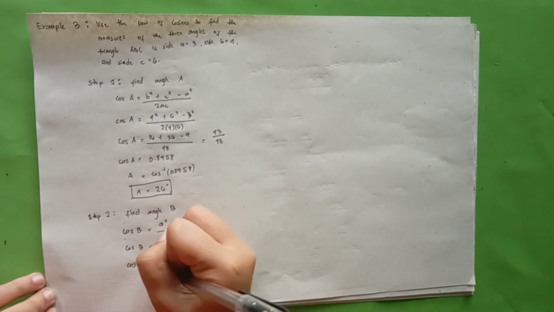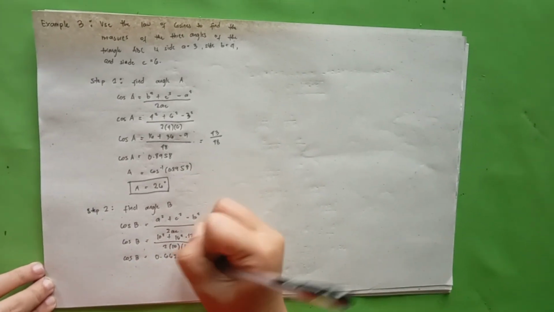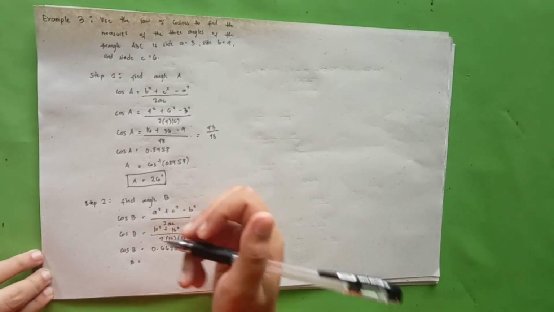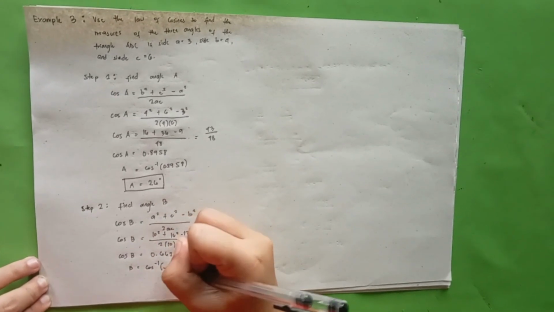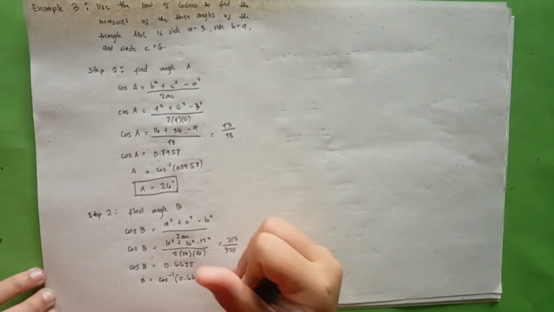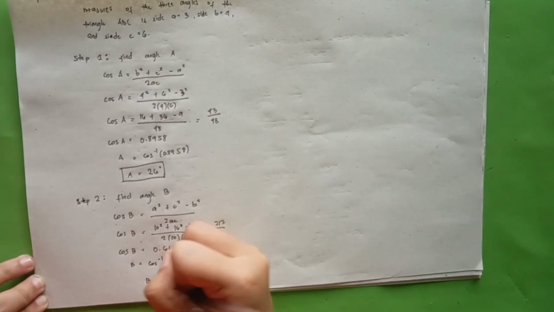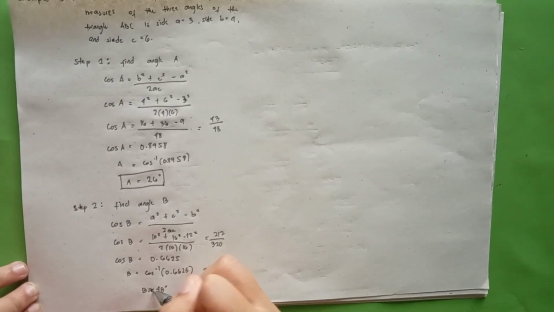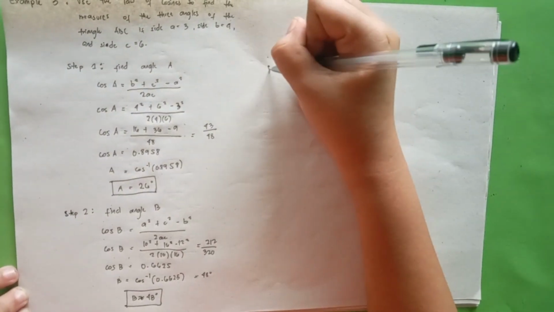And simplify. Therefore, our angle B is equal to 48 degrees.